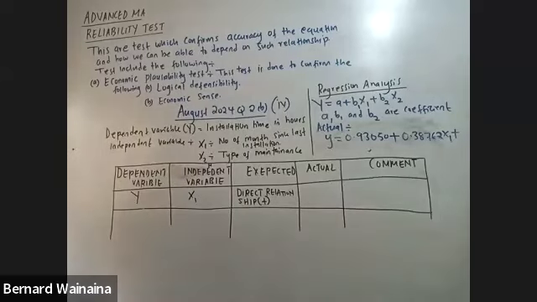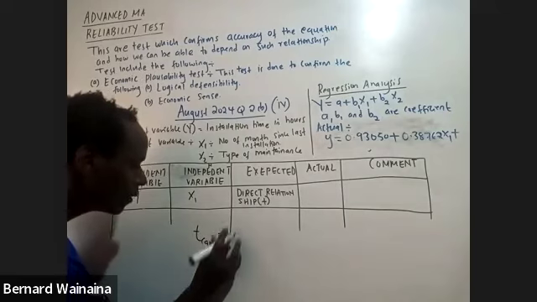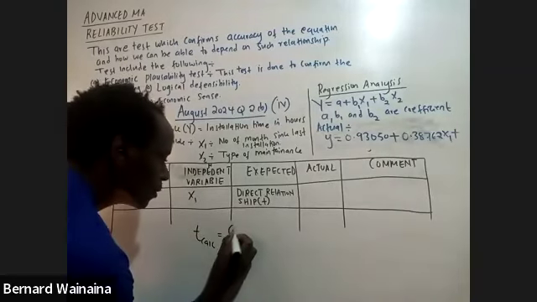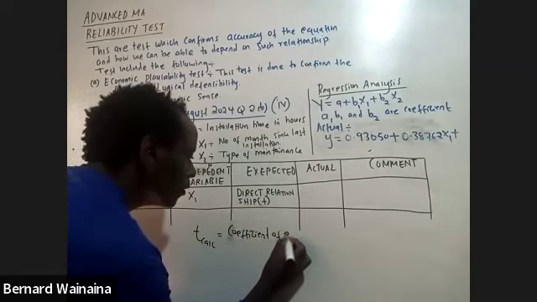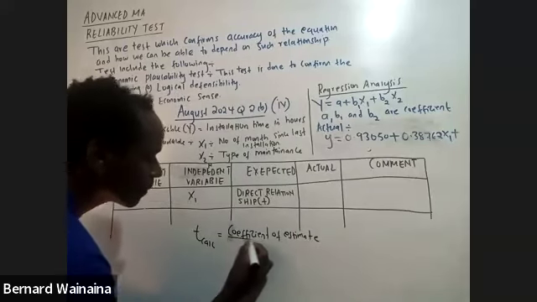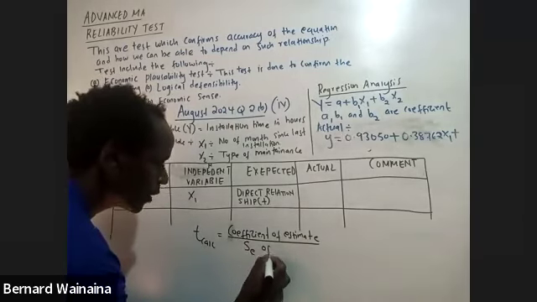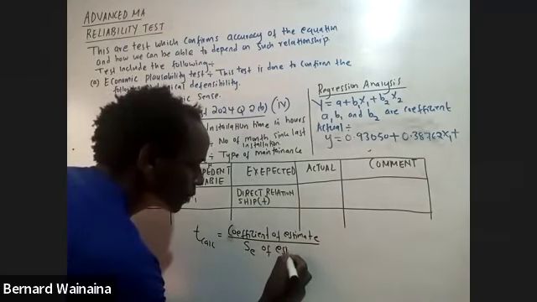Now T, that's the T calculated. Right? It's called the T calculated. So how do you find the T calculated? This is how you find it. T is equal to the coefficient of the estimate, divided by the standard error. So S shows the standard error of the coefficient or the estimate.